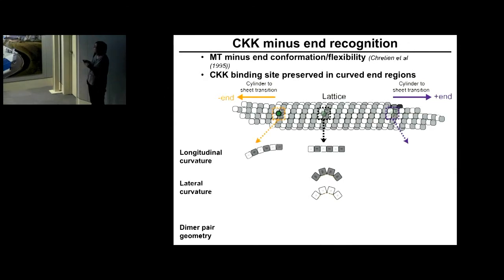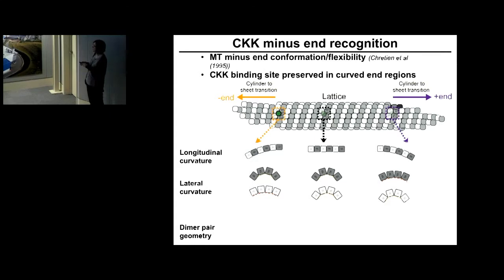At both the plus and minus ends, that longitudinal curvature starts to come into place, and as I described to you, we didn't see differences between the plus and minus ends in terms of longitudinal curvature alone. However, if you imagine how the lateral curvature changes as you transition from lattice to end, the lateral curvature at the minus end will be more pronounced in the alpha tubulin compared to the beta tubulin, which is a different situation than how it is on beta tubulin compared to alpha tubulin at the plus end.